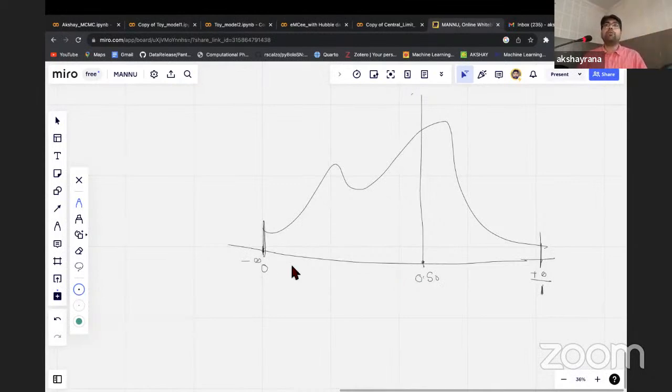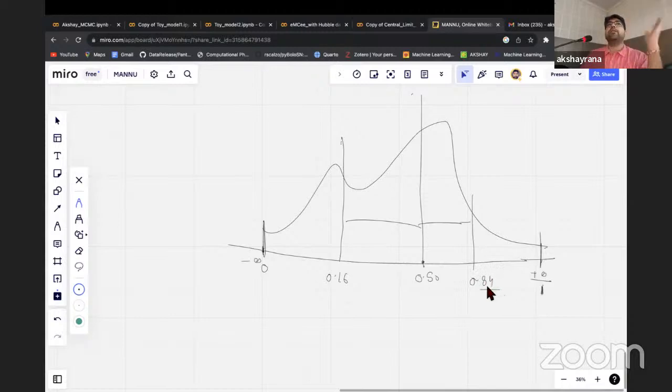Now, if you want to make the percentile 34%, you go 34% this side and 34% this side. It need not be uniform on both sides as well. When you go 34% this side, this point will become 0.16. And when you go 34% this side, this point will become 0.84.